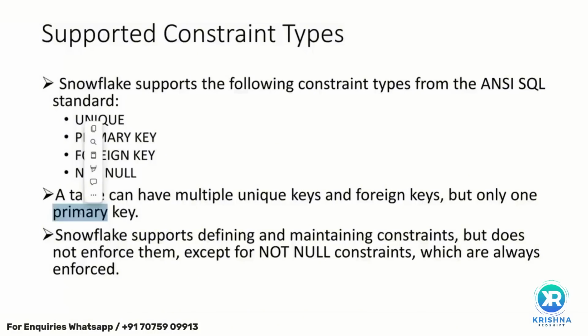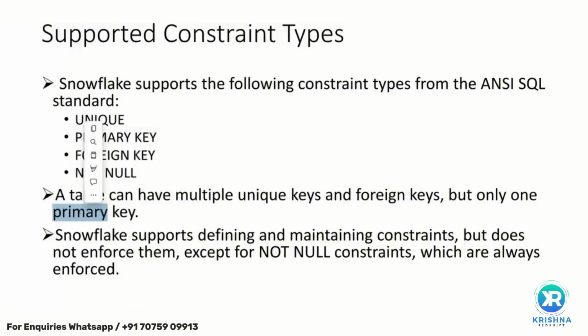Then, Snowflake supports defining and maintaining constraints but does not enforce them, except for not null constraints, which are always enforced. What this point says is, these are the database concepts: primary key, not null, unique, and so on. This is the case even with Redshift.